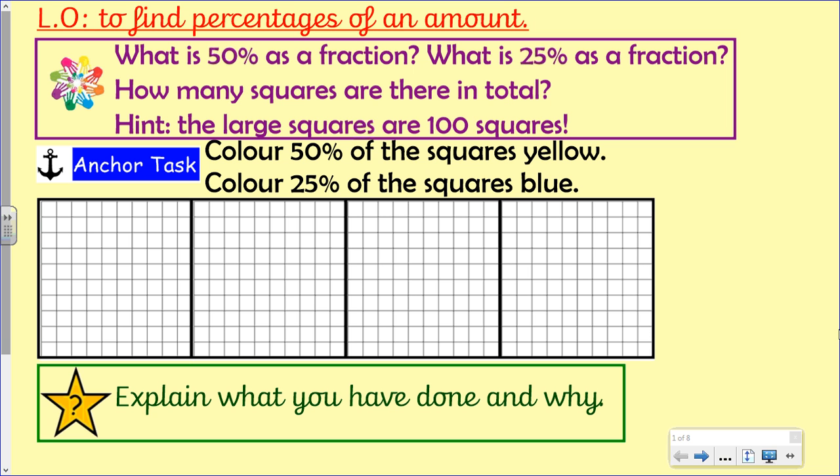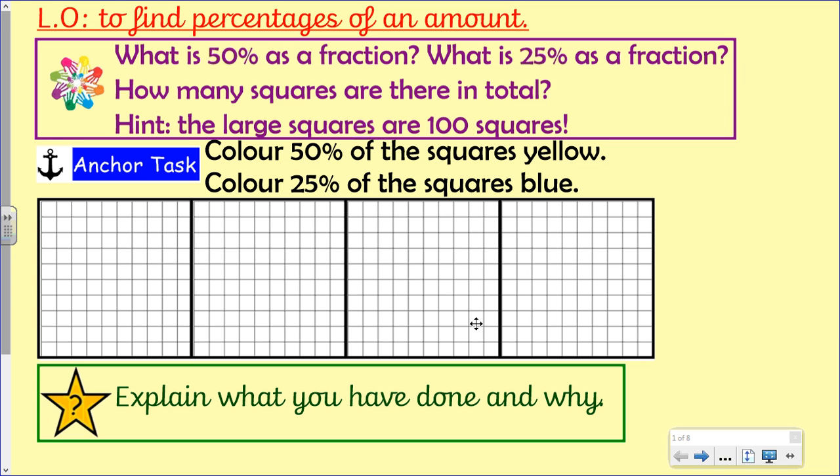If you have a paper pack, then you should just be able to colour straight onto it. You can pick different colours if you need to. If you are just looking at this on a screen and you don't have the technology to draw over it, you could just jot down in your book, on paper, whatever you've got that you're doing your work in, to show what you think it should look like.